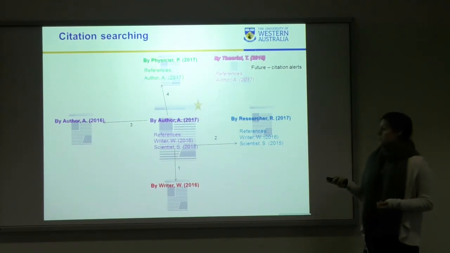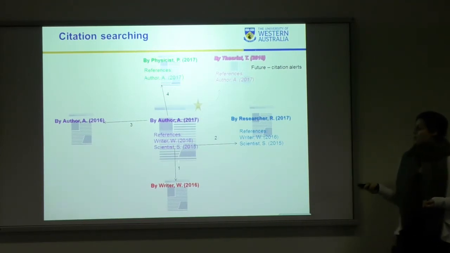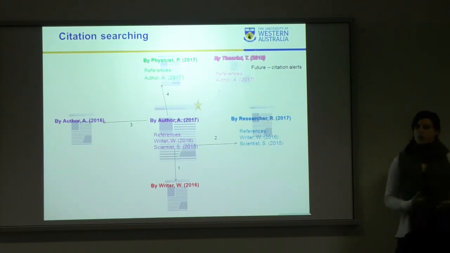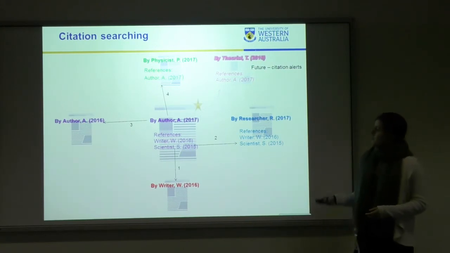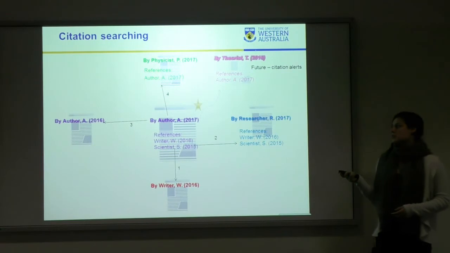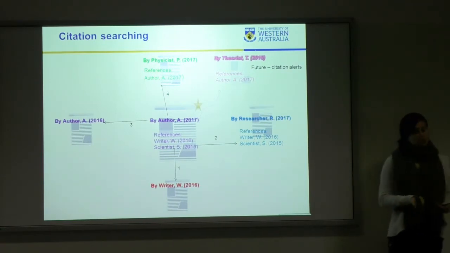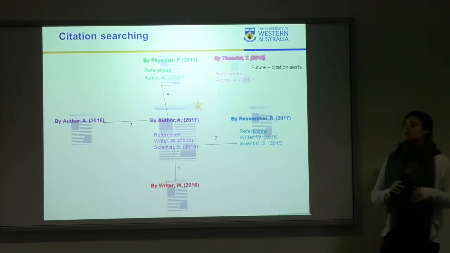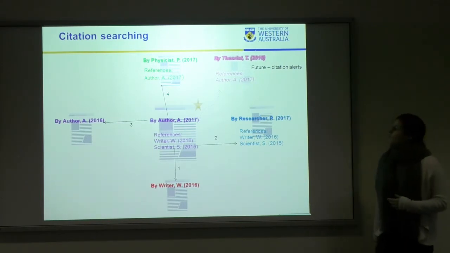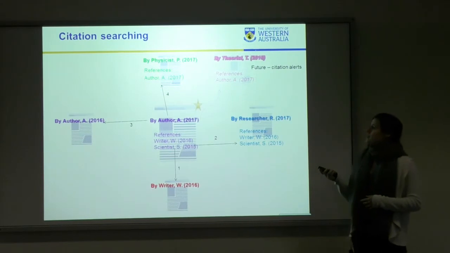You also want to actually read the references as well, because those papers are obviously the knowledge that this paper has built on. You want to look at what else has this author written, because obviously most people dedicate themselves to a particular subject area, so you'll probably find other works by that person very helpful. Also, who has cited them?